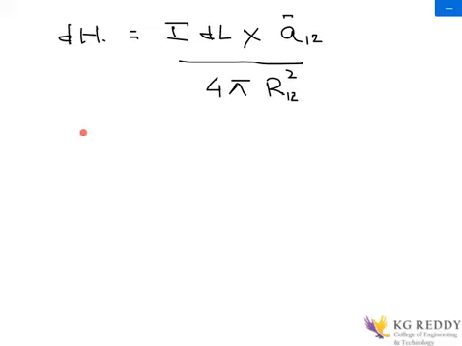Here A12, the unit vector, can be written as the vector from 1 to 2 divided by the magnitude of that distance vector. So a unit vector in a direction is found by the vector in that direction divided by the magnitude of that vector. Now how can we write this R12?